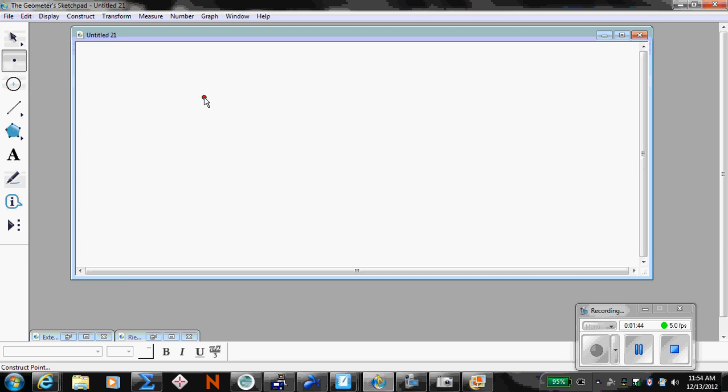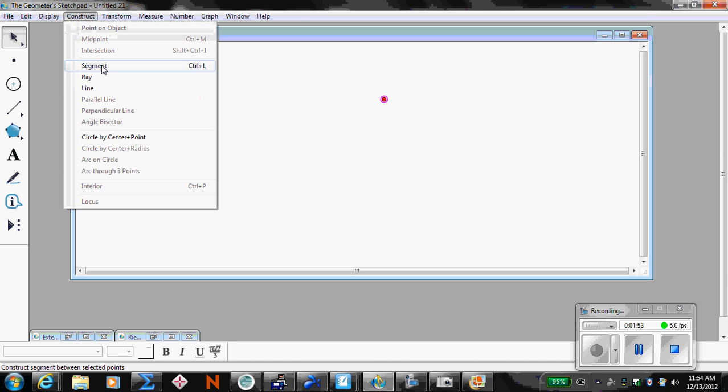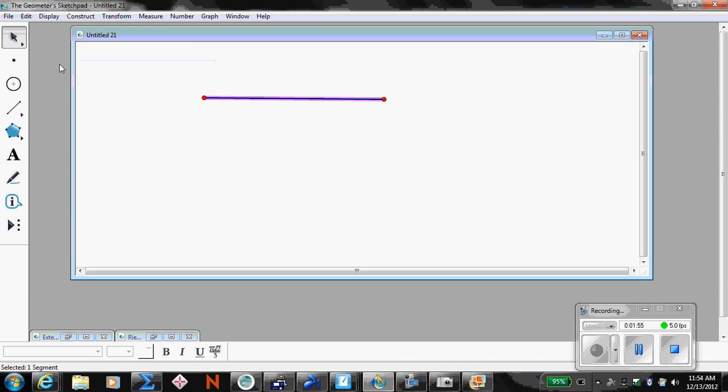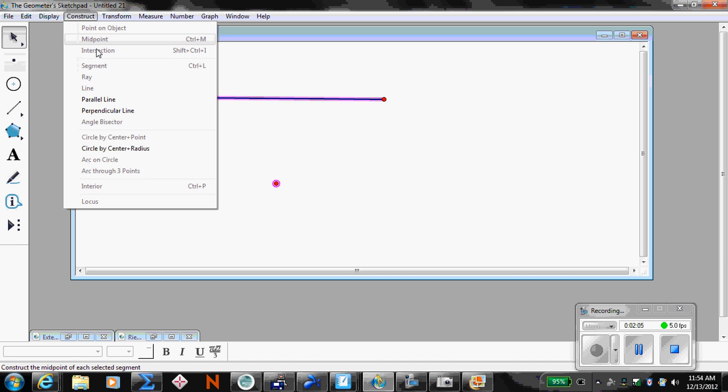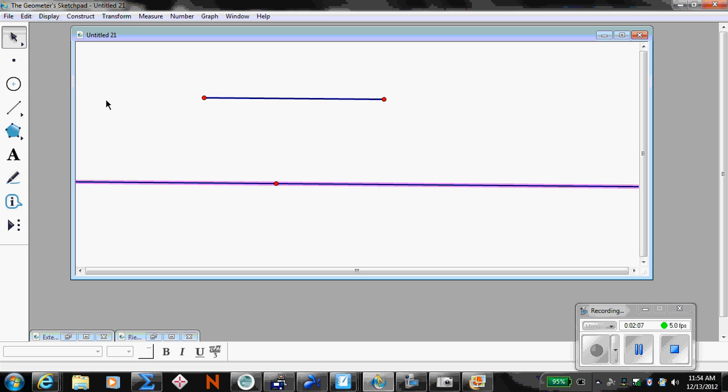So let's start with one line segment. We want to pick a point not on that segment and construct a line parallel to this segment. So I'm going to highlight the two of them and say construct parallel line.